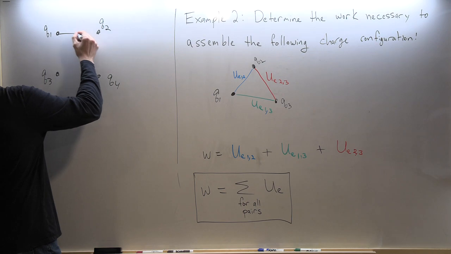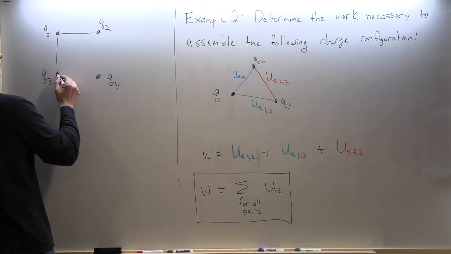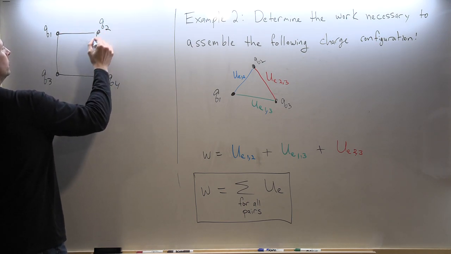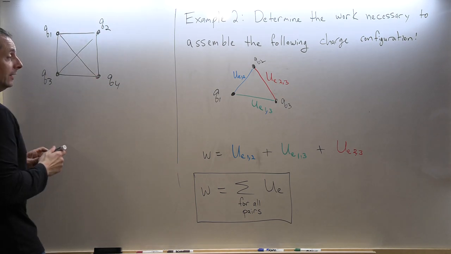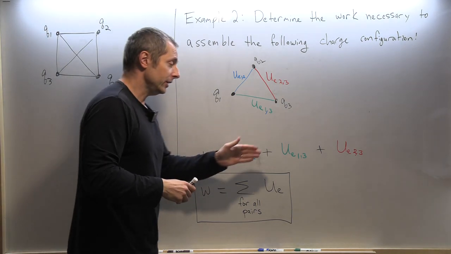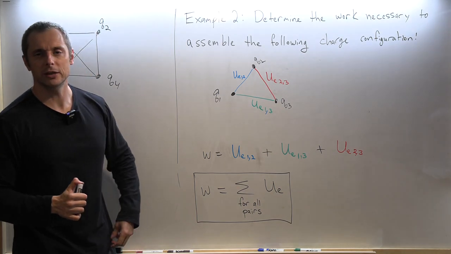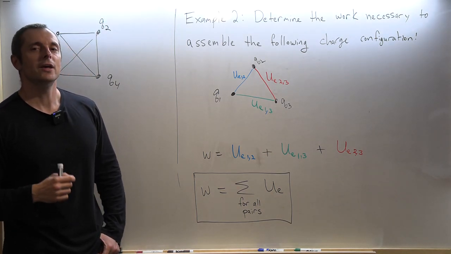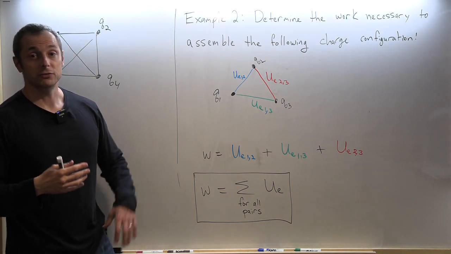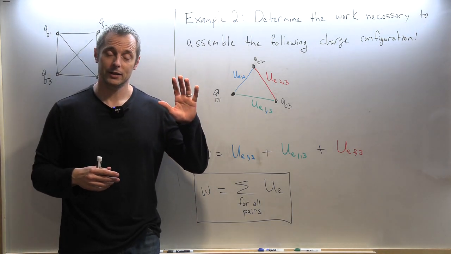Well, here's 1 pair, 2 pairs, 3 pairs, 4 pairs, 5 pairs, 6 pairs. So you would have 6 terms. You'd be using the potential energy formula 6 times. Very tedious. Imagine 5 charges, right?